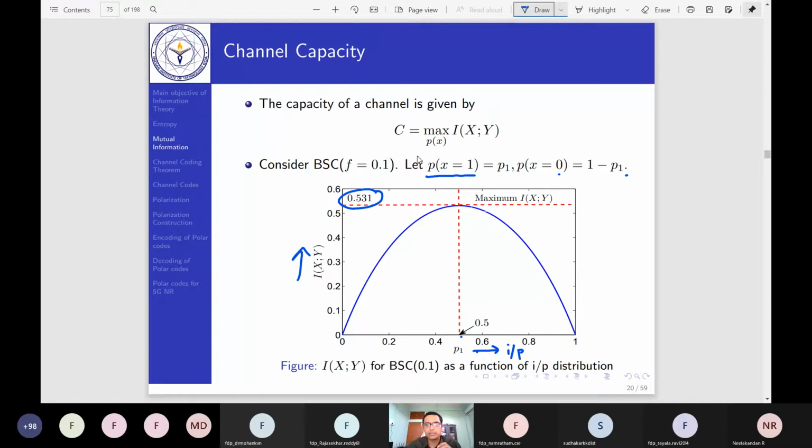So here P1 is equal to 0.5. That means both the probabilities are equal to 0.5. It is equally likely. If the input distribution is like this, then we achieve the maximum value of the mutual information, and that quantity is known as the channel capacity.